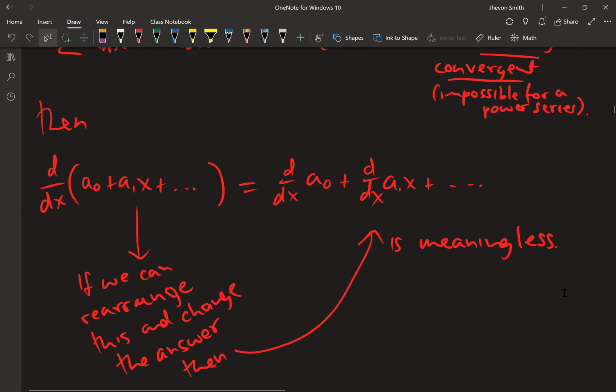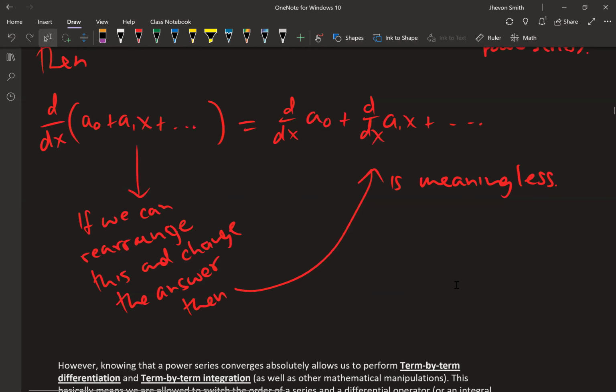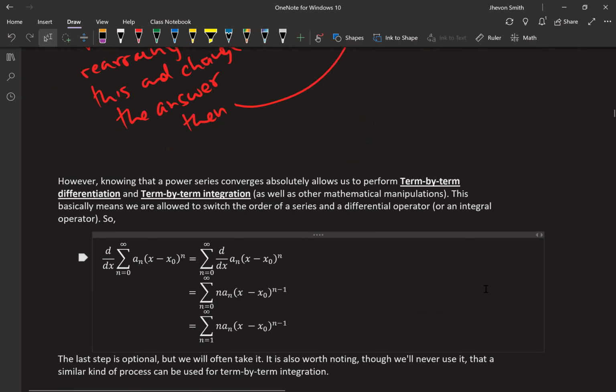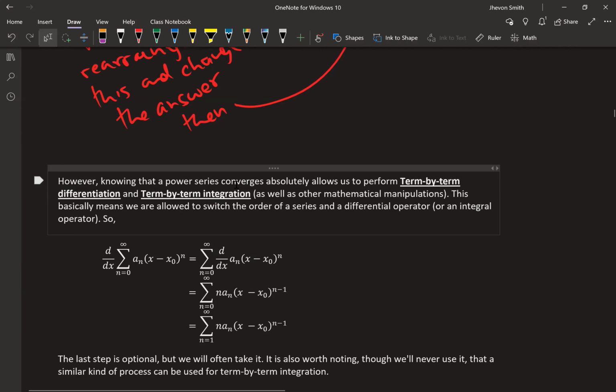So knowing that a series is absolutely convergent is absolutely important. It's absolutely necessary. Otherwise, our calculus won't work, and a lot of other mathematical manipulations won't work. It also won't work with integration or any of that stuff. However, when a power series does converge absolutely, it allows us to perform term-by-term differentiation.